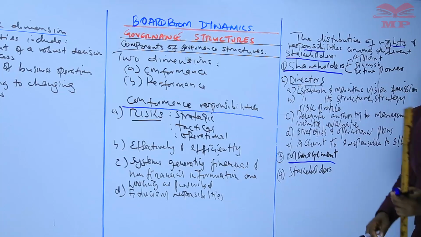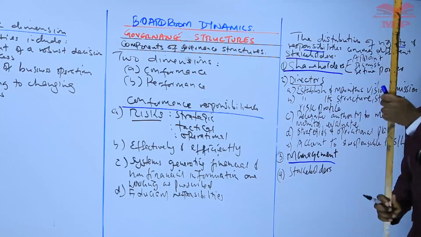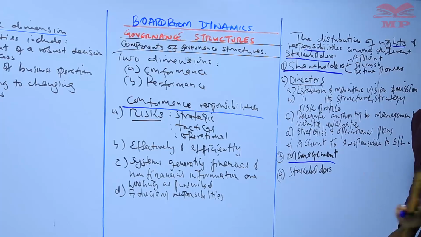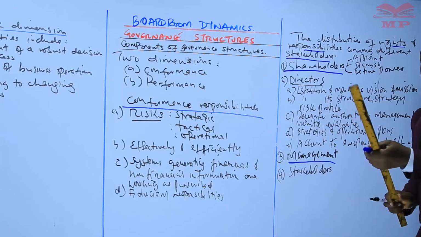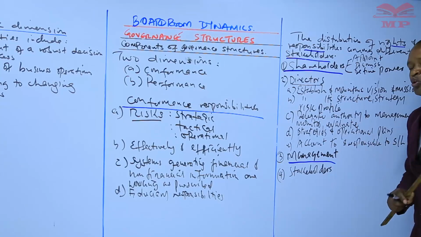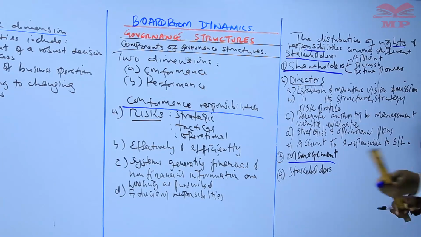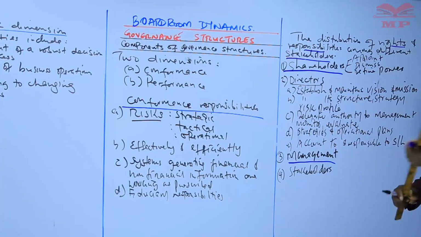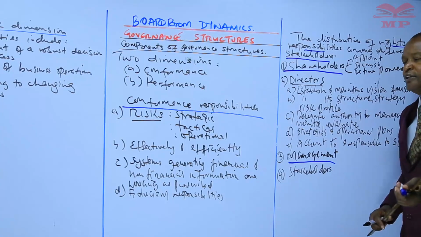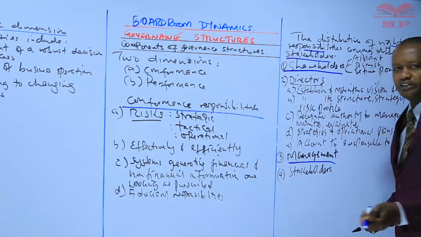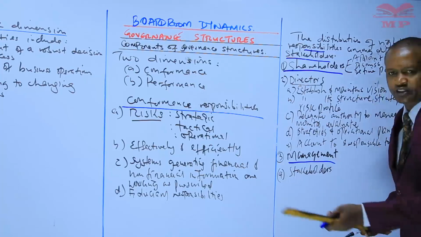The role and impact of other company stakeholders, such as the employees, the financiers, the suppliers, the local community, the government, their roles vary considerably across companies. Their roles also vary considerably across industries, across countries.